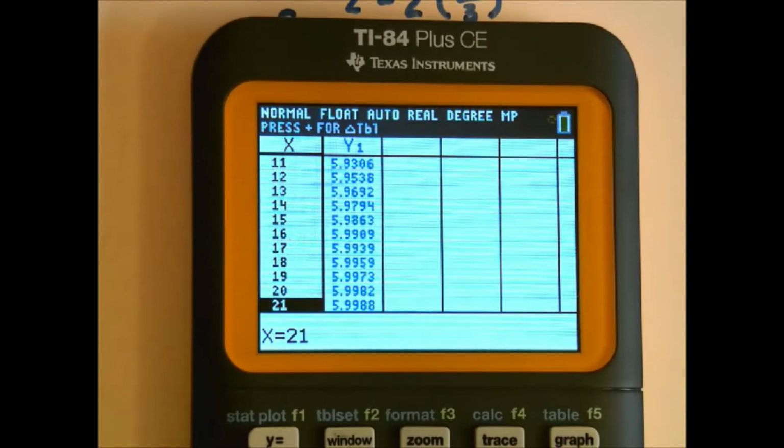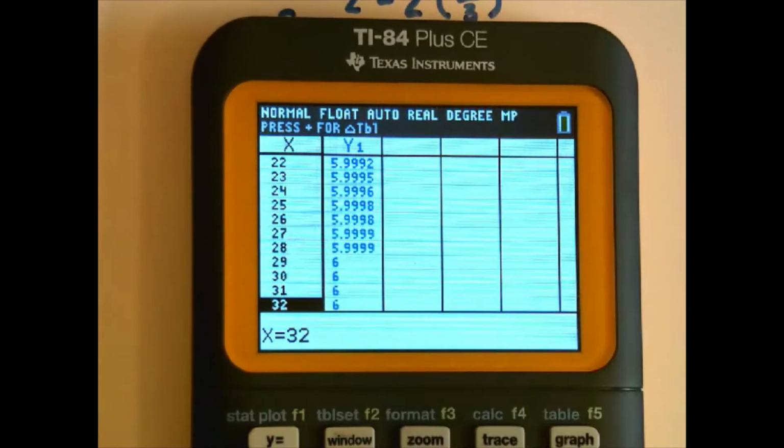What I want you to see here is they're getting bigger, but they're not getting bigger very quick. If we were to talk about a limit here, these values don't appear to be getting bigger than 6, and at some point, just by decimals rounding, we get 6. And it doesn't get any bigger than that.